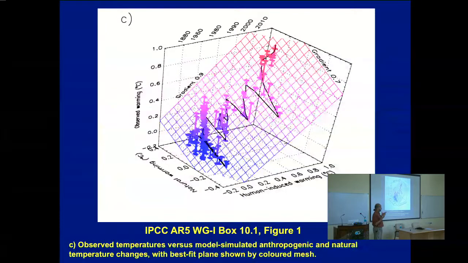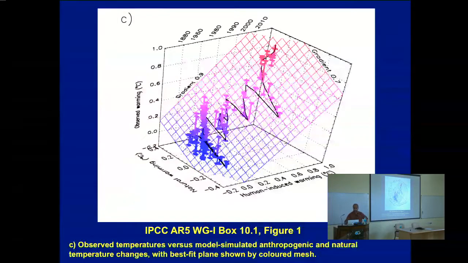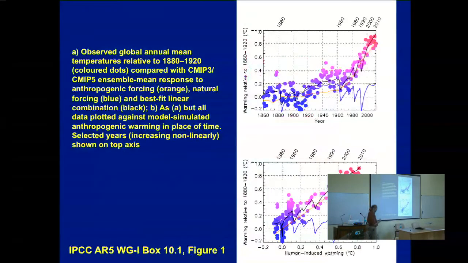Right? It could be one model into which you gave all the natural forcings and it produced some version of this blue curve, right? Or the same model might have given you that origin.